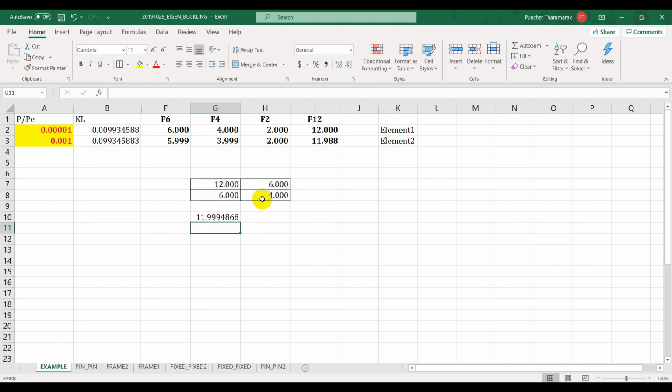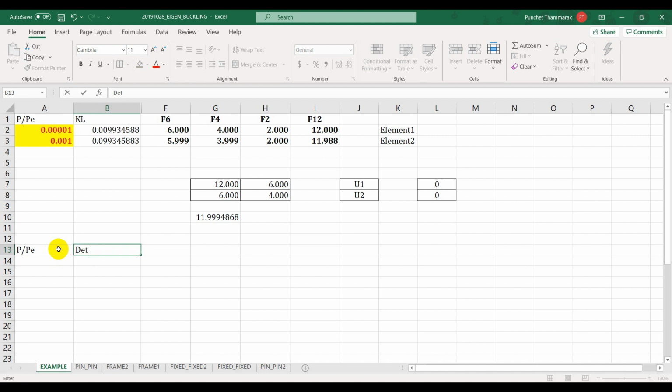We know that in order to satisfy this, multiplied by U1, U2, to get 0, you need to have a zero determinant. You can do it with different approaches. The first approach, you plot P over PE versus the determinant of K.